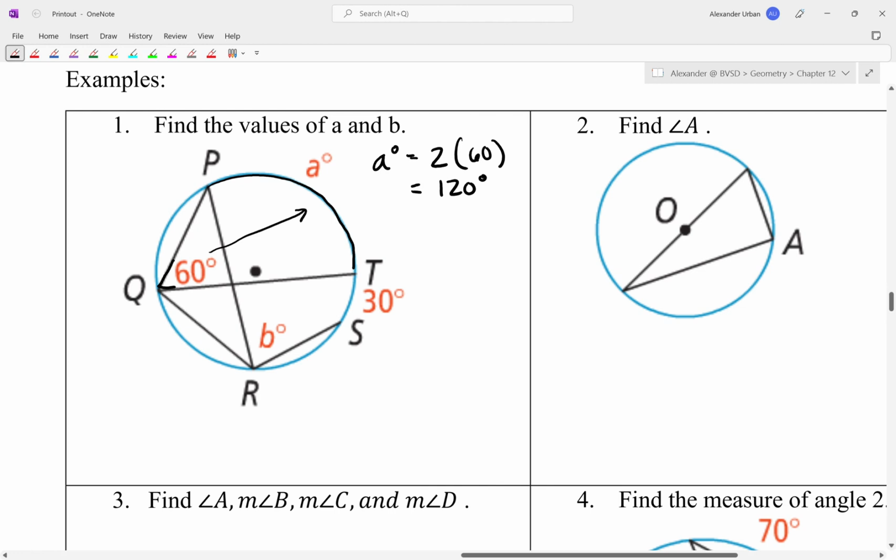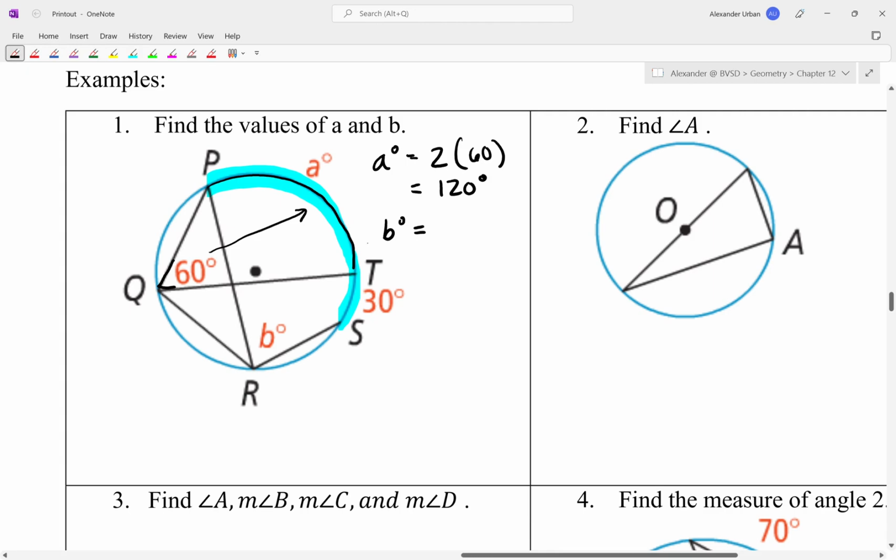Now, our only problem with B, angle B, is it's made up of a couple things. Angle B is actually P to T all the way to S. So we have to include multiple arcs here. It's not just intercepting one arc, it's intercepting 2 of these arcs.